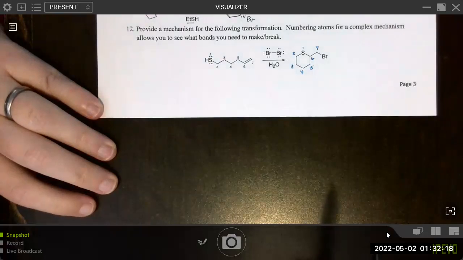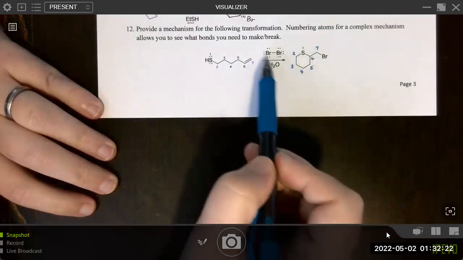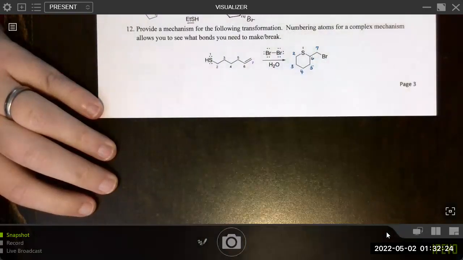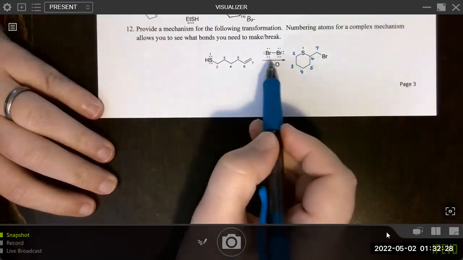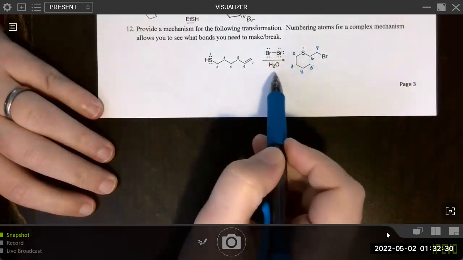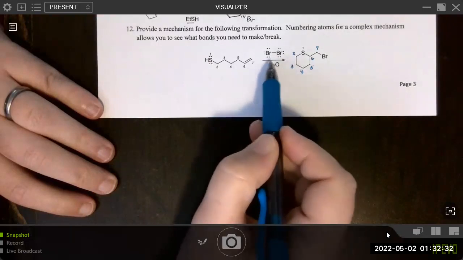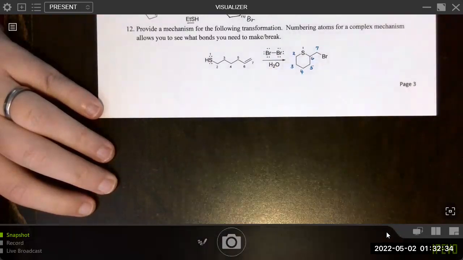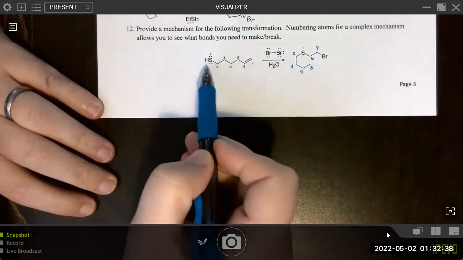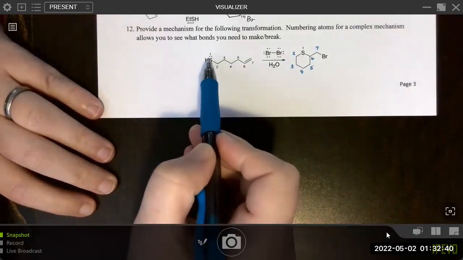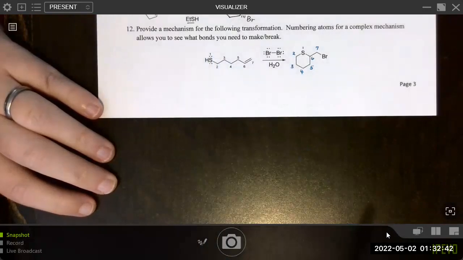So we want to form the bromonium ion in the first step and then have it be attacked by water. Normally you would attack by water, but intramolecular reactions are faster than intermolecular reactions. So it looks like water gets outcompeted by the sulfur, right, which is already attached to the same molecule.